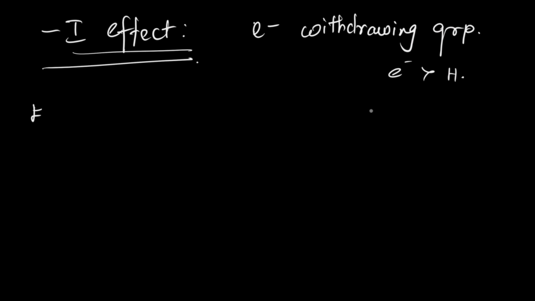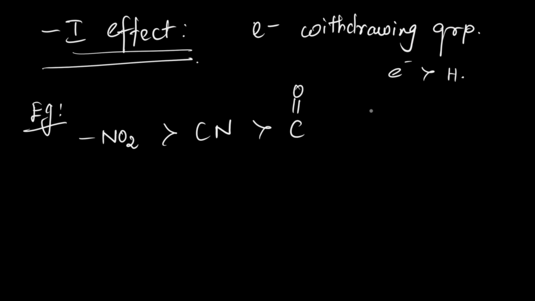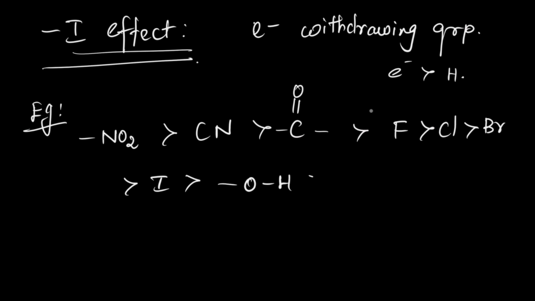I can give you the order also. For example, nitro, which will give you more electron withdrawing effect, and then comes cyano, then keto group, then our halogens F, Cl, Br, I, then OH.